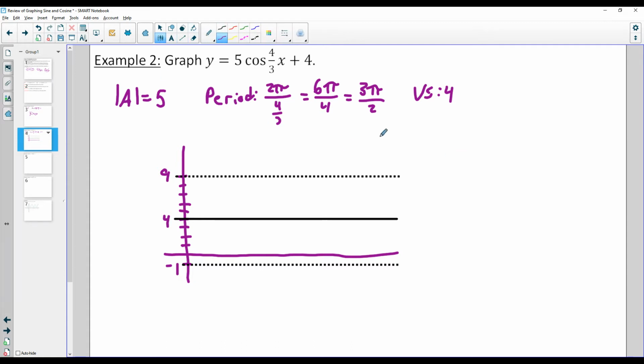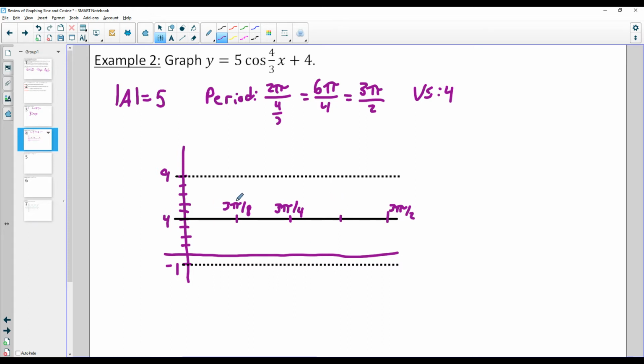And now our period is 3 pi halves, so that's my end tick. So 3 pi halves, cut that in half, cut that in half, cut that in half. You don't need to label all these, but halves and half is going to be fourths. Halves and halves, again, is going to be eighths.